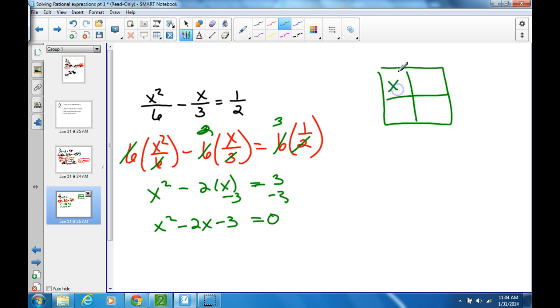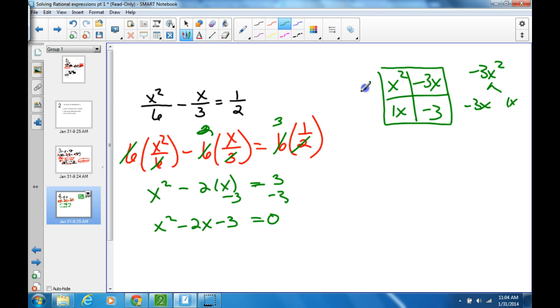So x squared and minus 3. If I multiply those two together, I get negative 3x squared. What are my factors of negative 3x squared that add up to be negative 2x? Yep, so you're going to have a negative 3x and a positive 1x. I'll put negative 3x here and a 1x here.